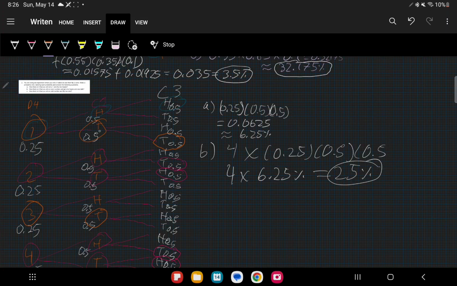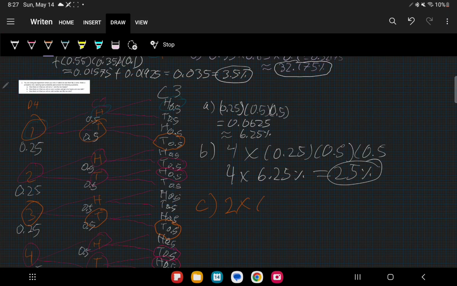There's tails, and then where does tails branch down to tails again? Right there. 3 tails here. Where does tails branch down to tails again? Right there. So how many times do I have that? So for C, I have it once, twice. So for C, I have 2 times where I roll an odd number and get tails.